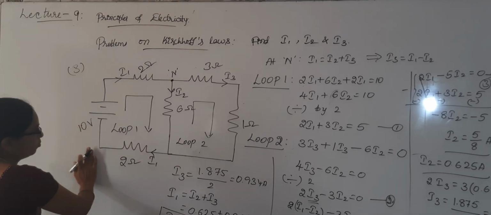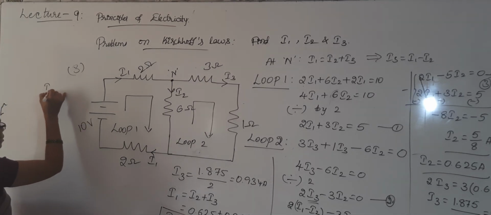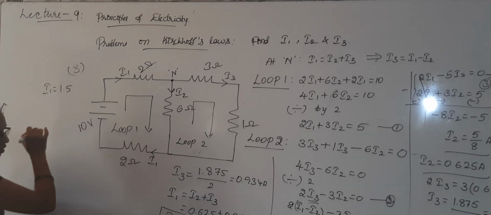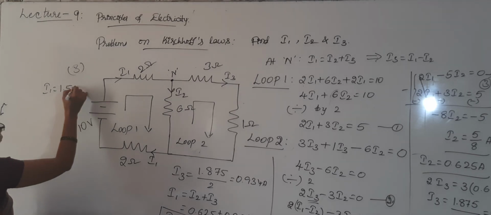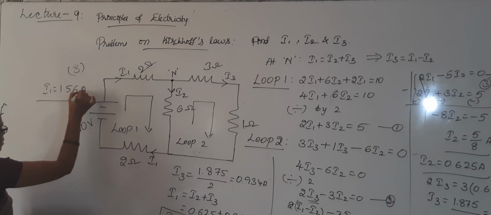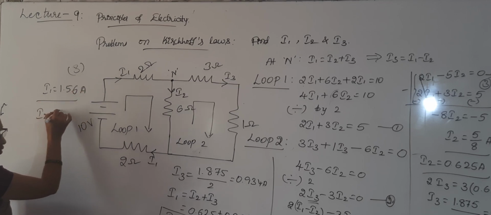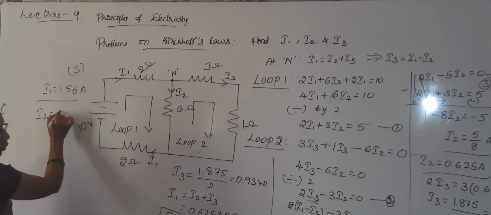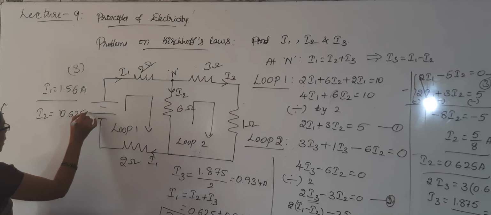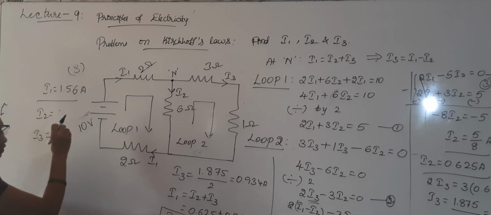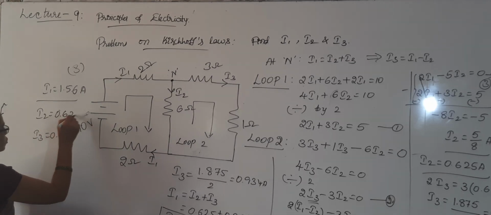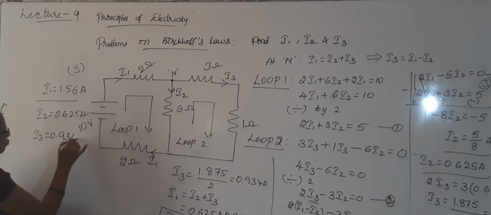So, for this problem I1 value will be 1.55 or 1.56 amperes. I2 will be 0.625 amperes, and I3 will be 0.934 amperes.